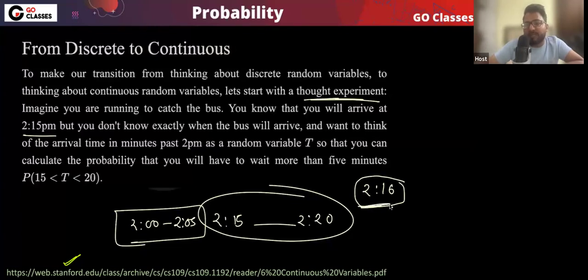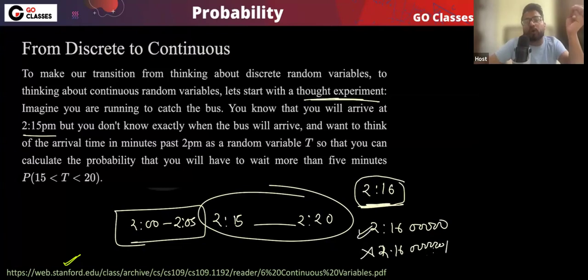Because there is no fixed measurement here. You are interested in exactly 2:16, but you are not interested in 2:16.0000001. Who is going to measure whether it has been followed or not? You are not interested that the bus arrive exactly at 2:16, with no microsecond or millisecond here and there.